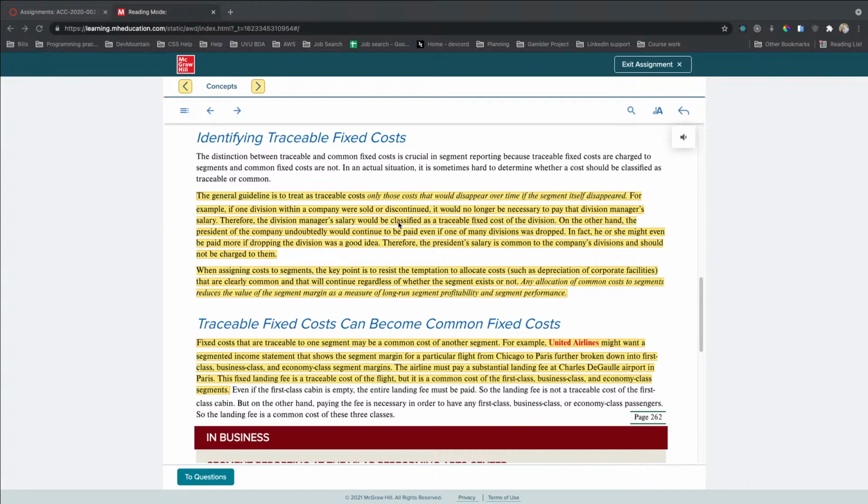When assigning costs to segments, the key point is to resist the temptation to allocate costs, such as depreciation of corporate facilities, that are clearly common and that will continue regardless of whether the segment exists or not. And then they note any allocation of common costs to segments reduces the value of the segment margin as a measure of long run segment profitability and segment performance.